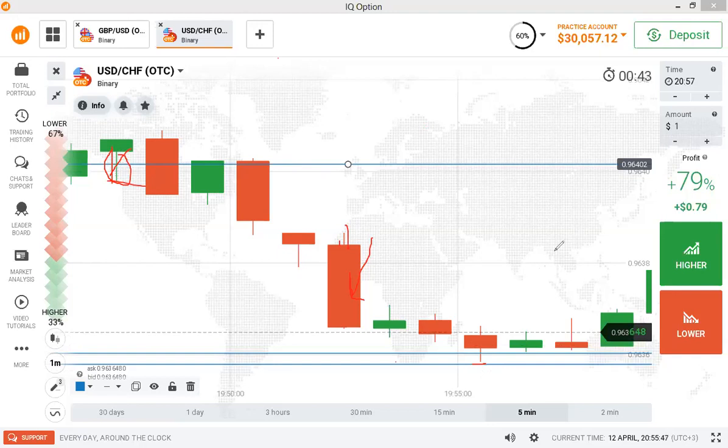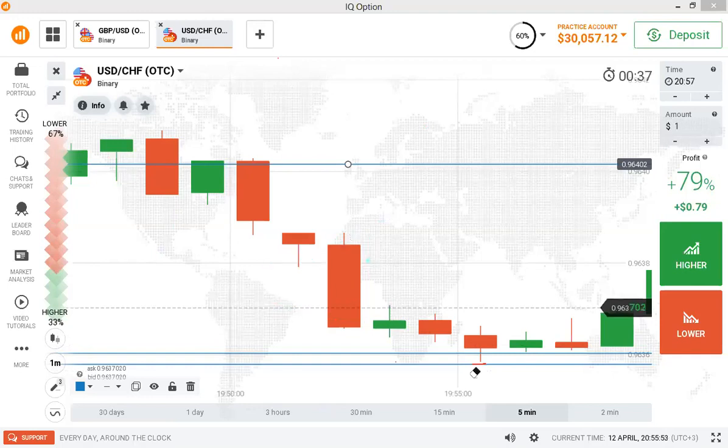You can see what happened on this level. The sellers are trying to pressurize the buyers on this area, because we have told you that buyers are waiting to buy the market here. But what happened?